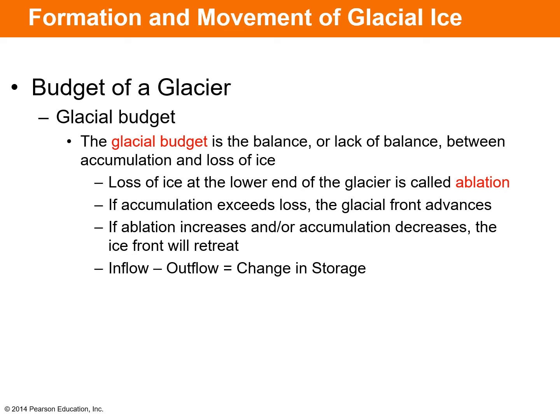A change in the balance between accumulation and loss of ice can cause very fast melting of glacial ice or accumulation of glacial ice.